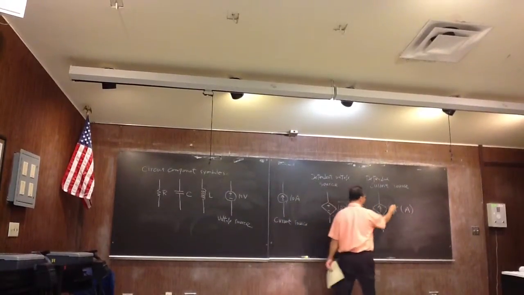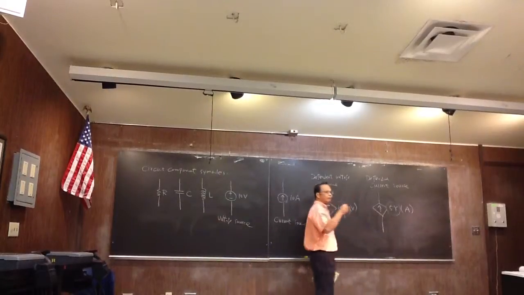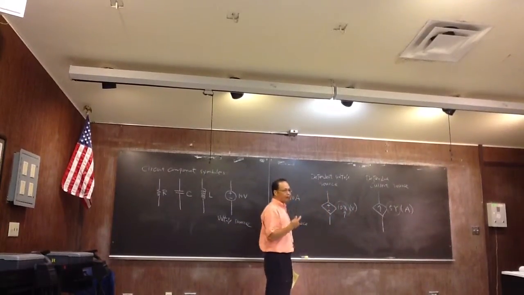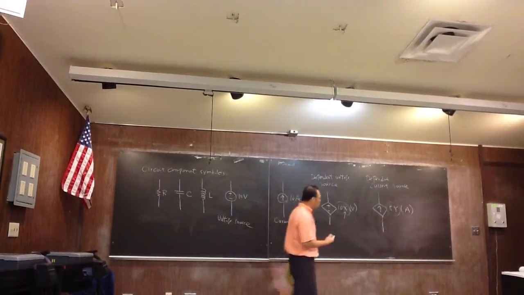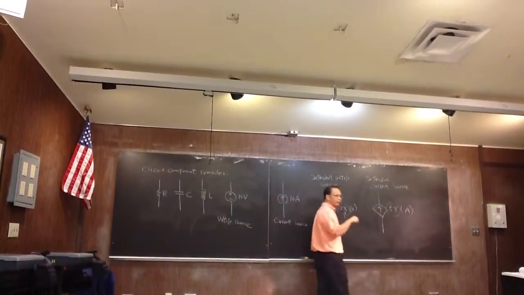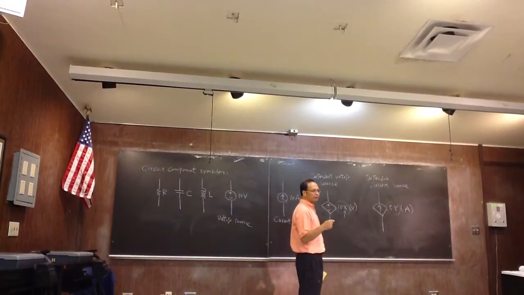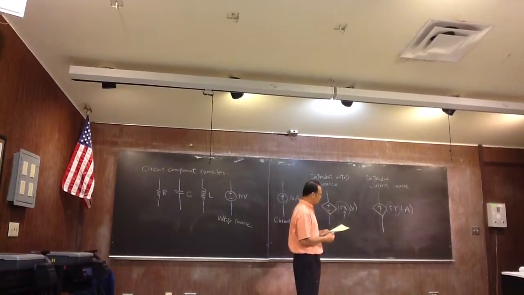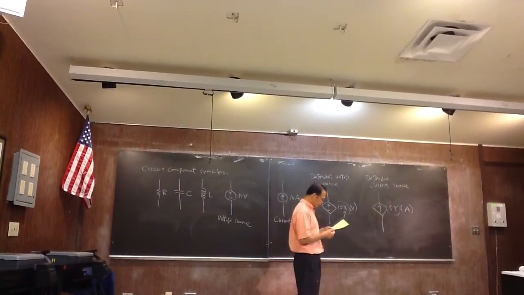So 5Y is the value of the current, but Y is a parameter in the circuit somewhere else. We won't get into the circuit now; it will become clear to you.